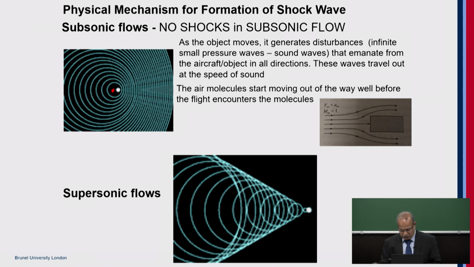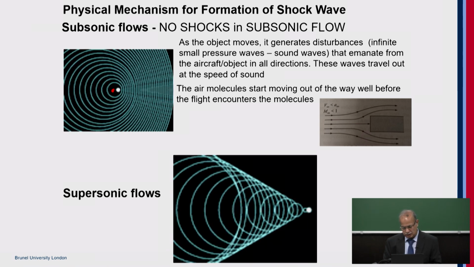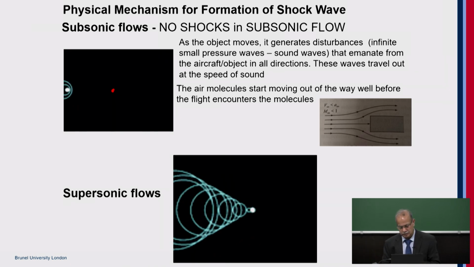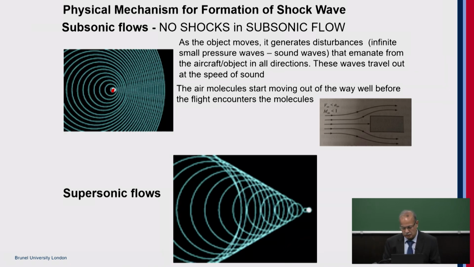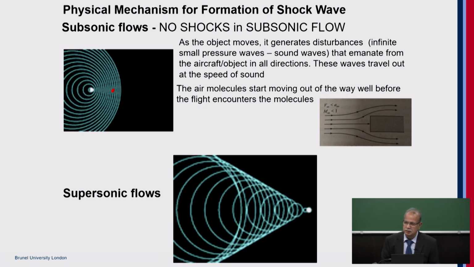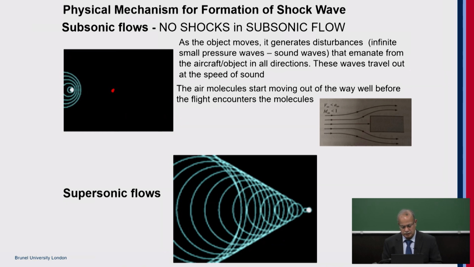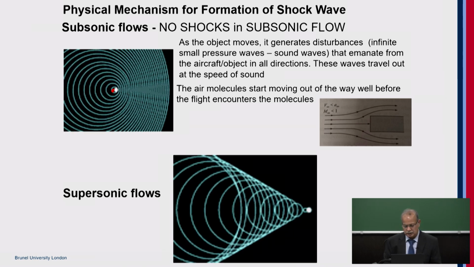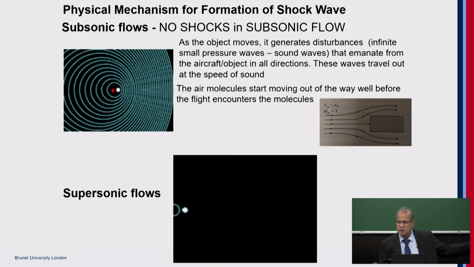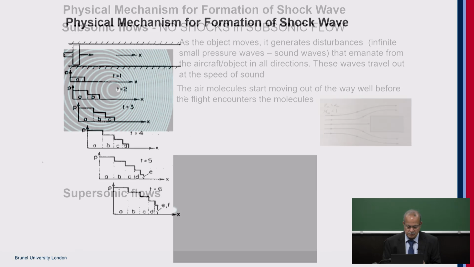Now, how are the molecules aware that the object is coming? And this brings us to the introduction of the shock waves. Because in supersonic flows, unlike subsonic flows, the signals are communicated, but they are further behind, so the object goes ahead of them.